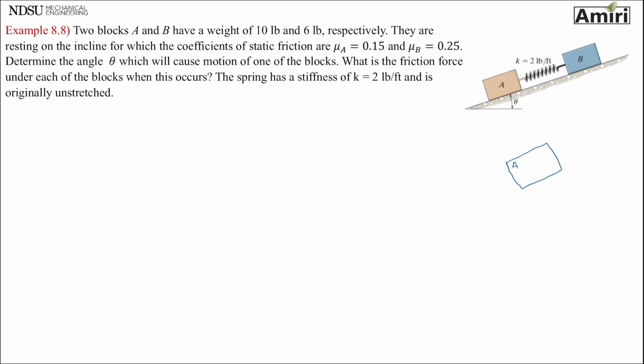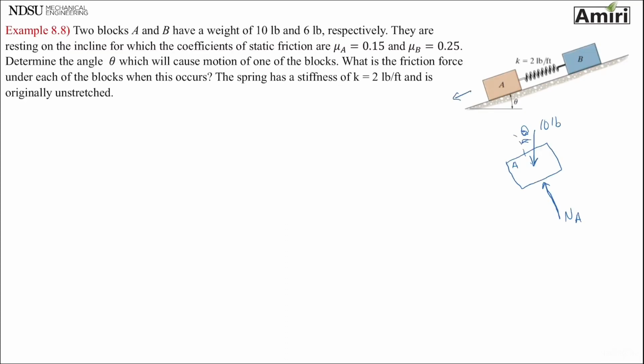A has a weight, angle theta, has a normal force, and if we want to start sliding down, the motion is going to be this way, so the friction needs to go opposite, and I call that FA. And the only other thing attached to it is just F of a spring.